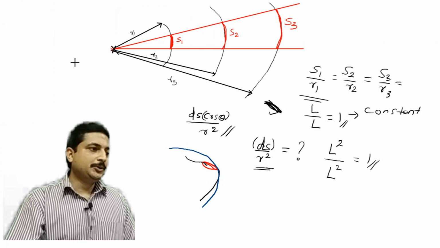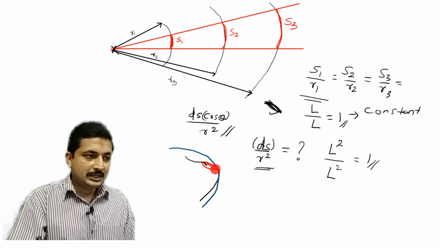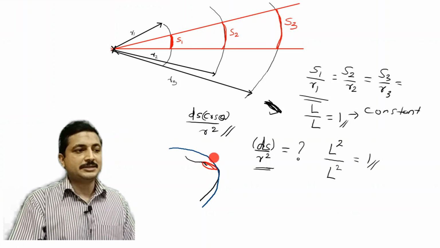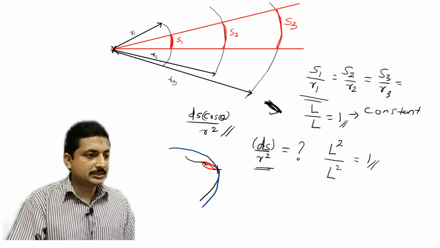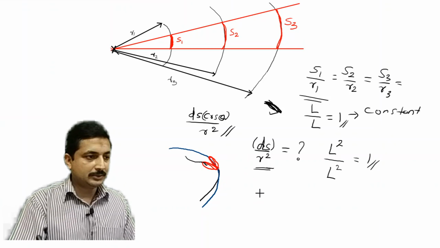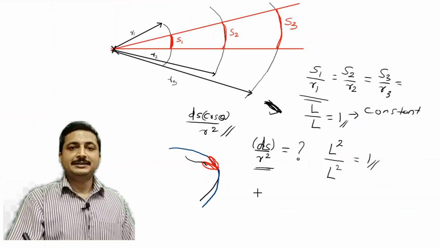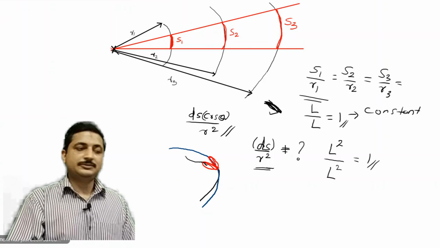Now I am going to project this. This is a small surface. I am going to project it onto the circular surface. If I project it onto the circular surface, what do I get? This surface will look like this. Is that very clear? Then I can apply this formula, only then.